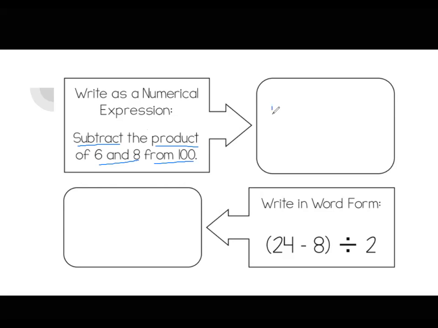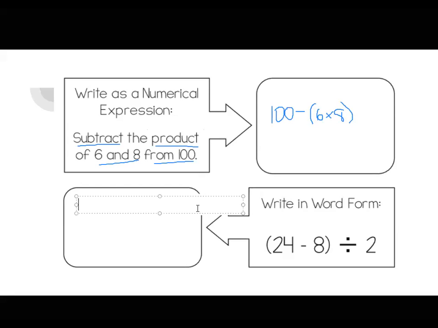So we're subtracting from 100, so we want to make sure that we write 100 first, and then our subtraction or our minus sign. And product means we're multiplying, so we have to find the product of 6 and 8 first. So we want to put that in parentheses, 6 times 8. So that way we'll multiply 6 times 8 first, and then we will subtract from 100.